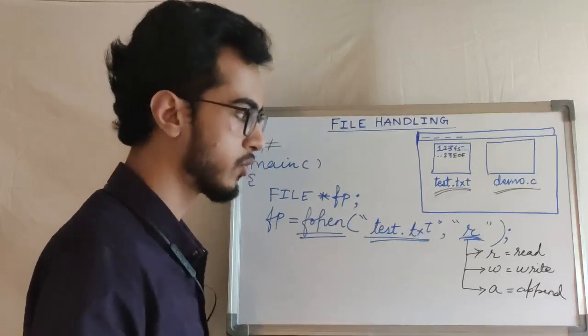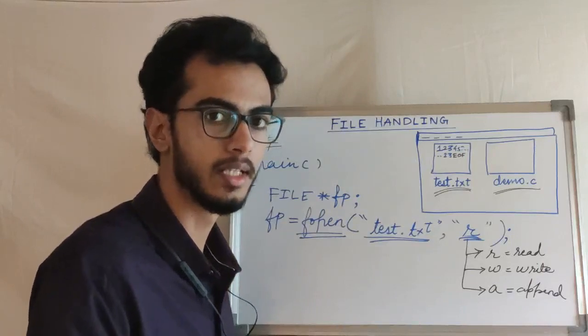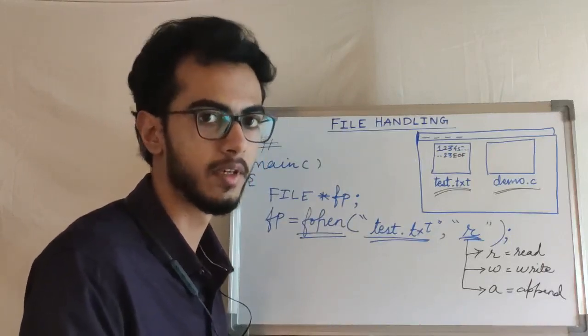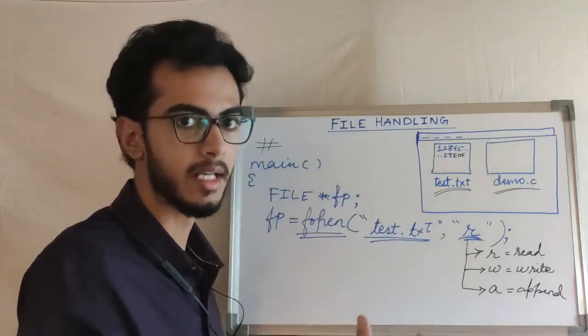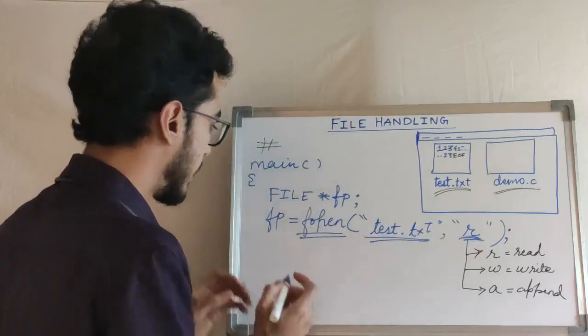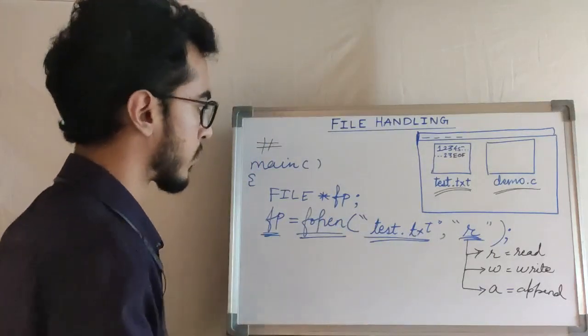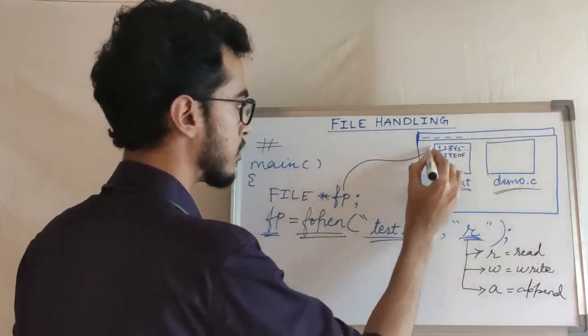For example, if test.txt is stored on the D drive, the complete path like D colon double slash and so on has to be mentioned here. Now this fp points to this file.